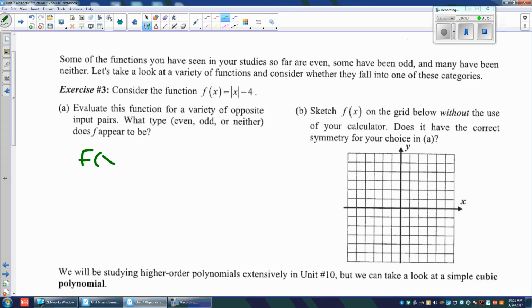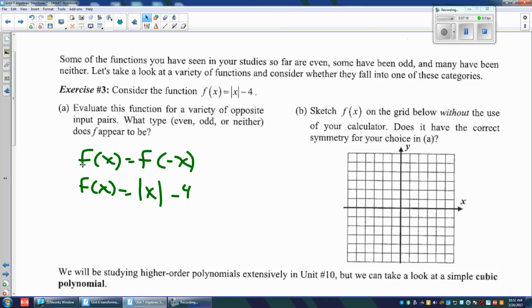We have to understand that f of x has to equal f of -x. So let's do that. f of x equals the absolute value of x minus 4. Okay, so what are we really doing? f of -x equals the absolute value of -x minus 4.